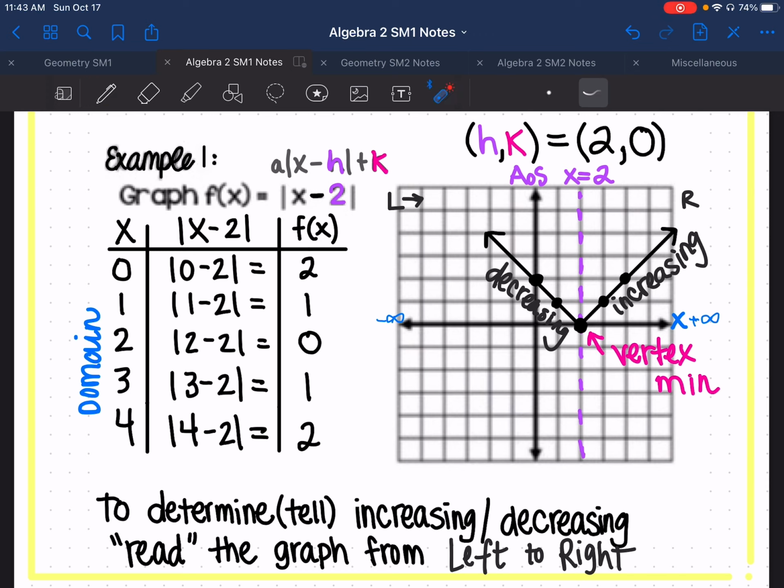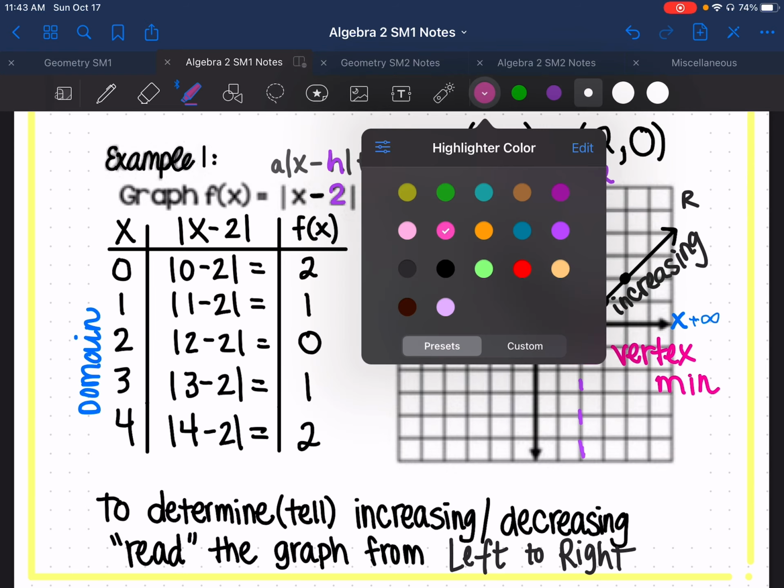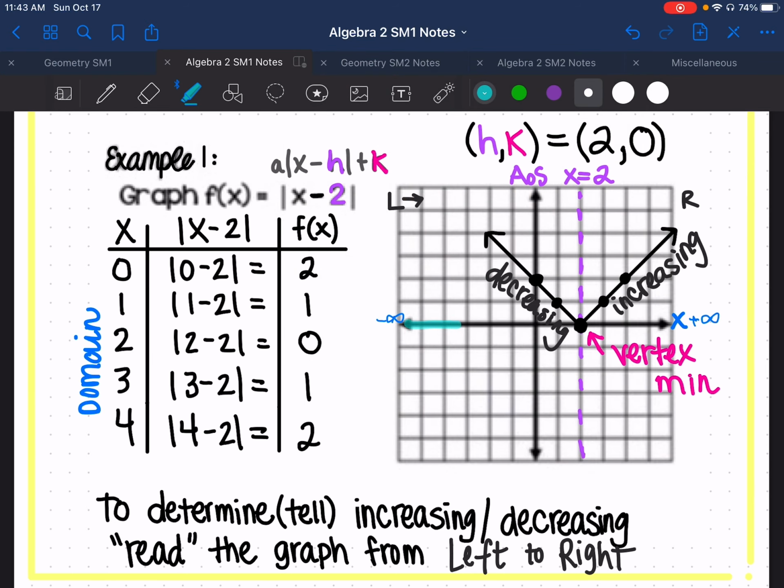You want to use your vertex as a starting point. You're going to take that vertex and you're going to, in your mind, pull it to that x-axis, right to this axis right here. I'll make it blue for you. Well, it's already there.